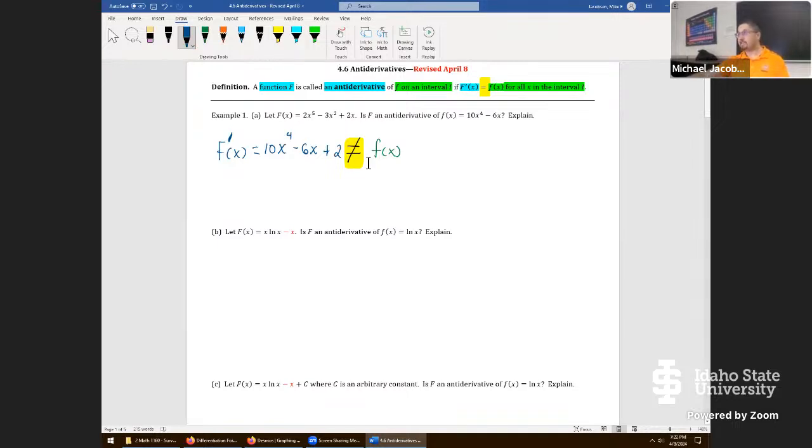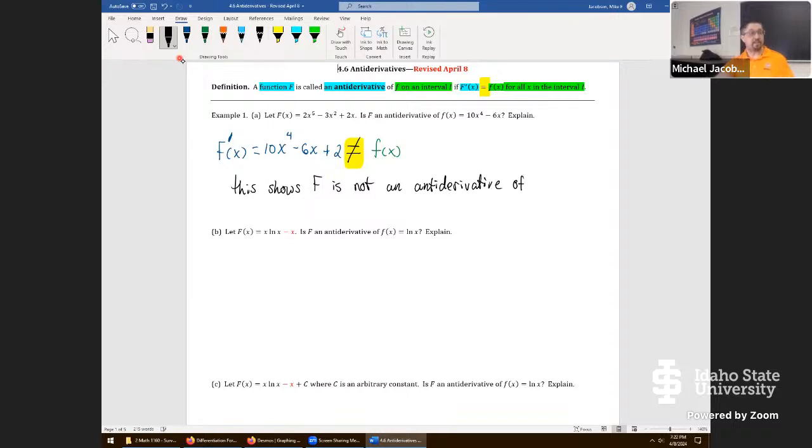If you had not equals right here, that means the supplied function is not an antiderivative. Let's write down. This shows f is not an antiderivative.